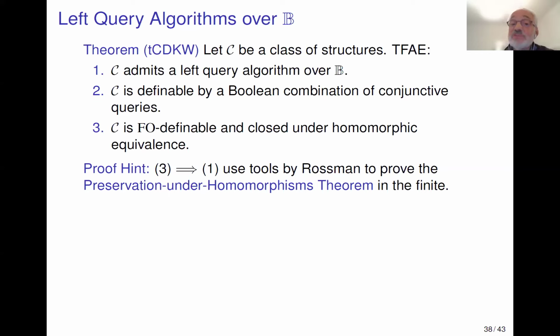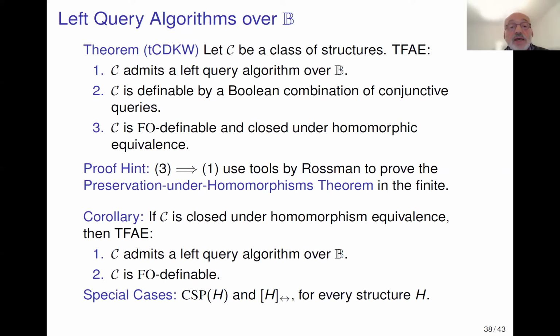That doesn't follow from the theorem, but he developed some technology, and if we take some parts of his technology, we can use them to prove the direction 3 implies 1, that if it's first-order definable and closed under homomorphic equivalence, then it admits a left query algorithm. In particular, what this tells you is, if you start with a class which is closed under homomorphic equivalence, then the class admits a left query algorithm over the Boolean semiring if and only if it's first-order definable.